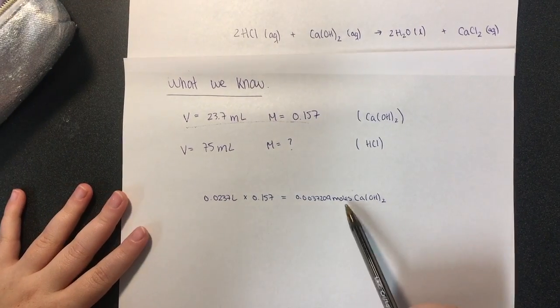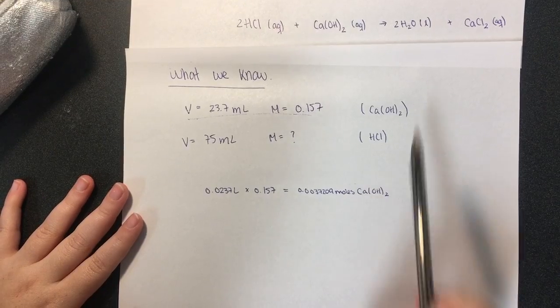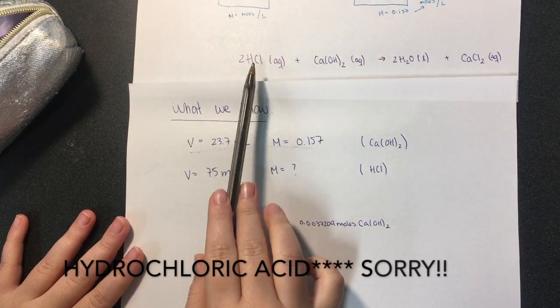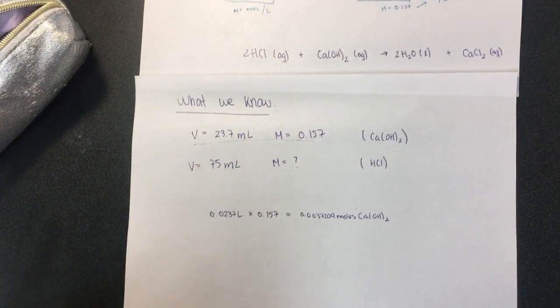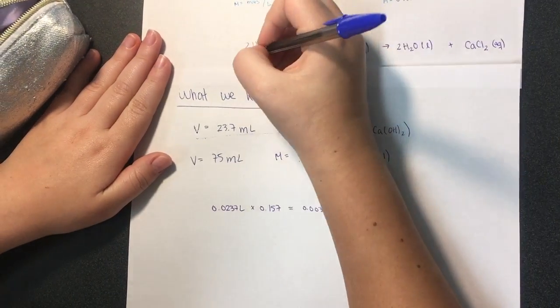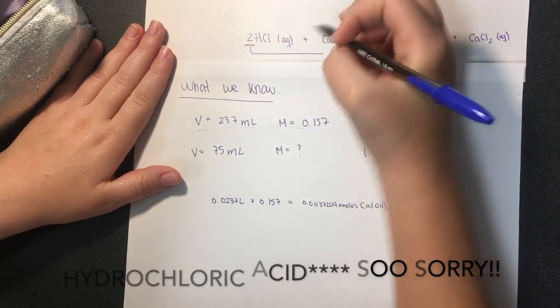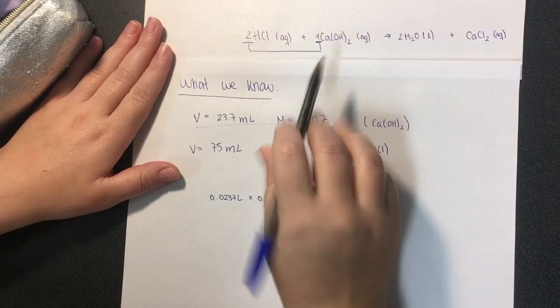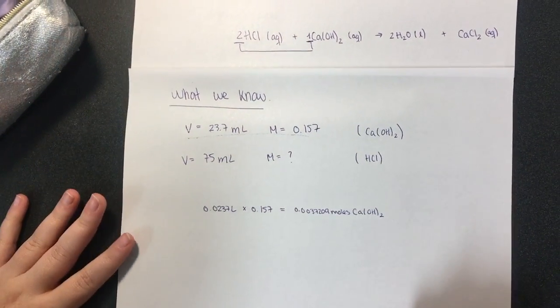Since we know how many moles of calcium hydroxide, we can go back to figure out how many moles of hydrogen chloride we reacted with by using the stoichiometry of our equation. Remember I told you we get 2 moles of hydrogen chloride for every 1 mole of calcium hydroxide. So we use these numbers as a conversion factor.